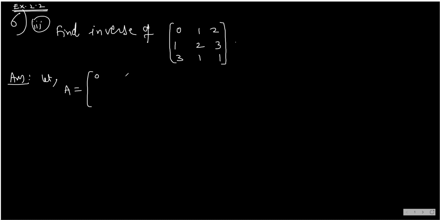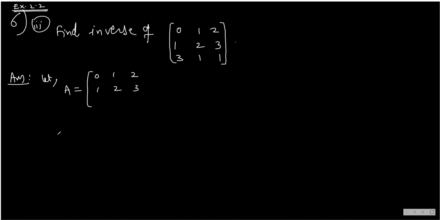So I write A as 0, 1, 2, 1, 2, 3, 3, 1, 1. Okay. And remember, students, whenever you are finding inverse, you will find out the determinant. Okay. So let us find out the determinant.